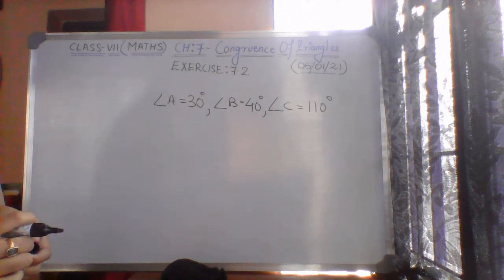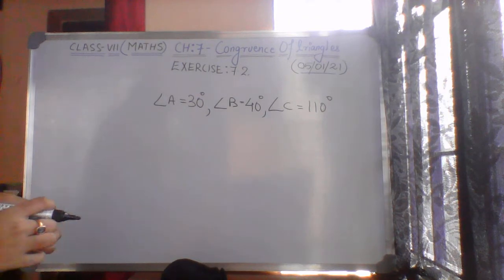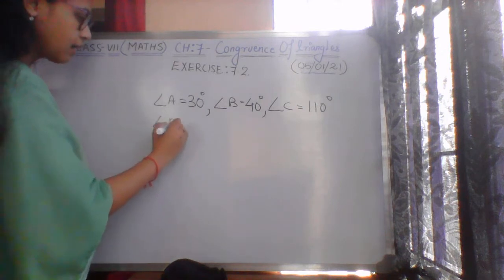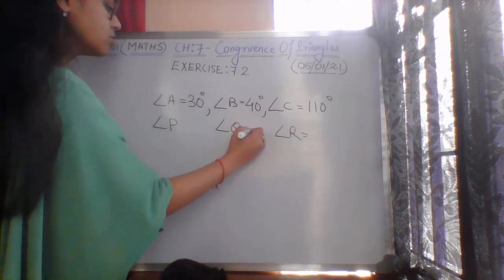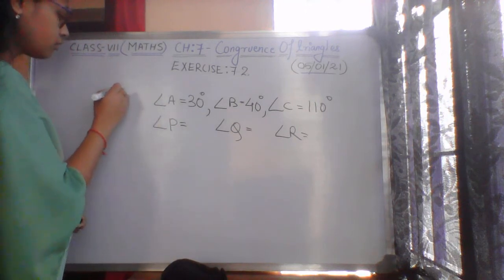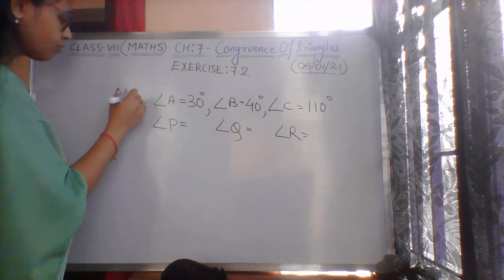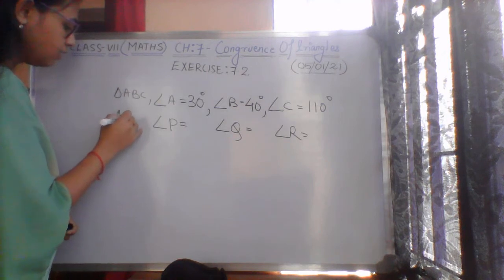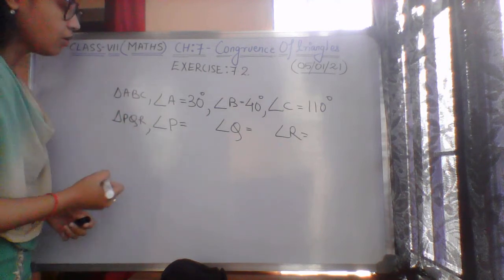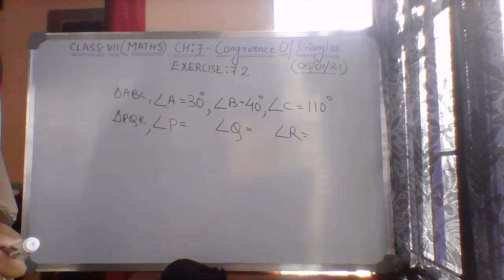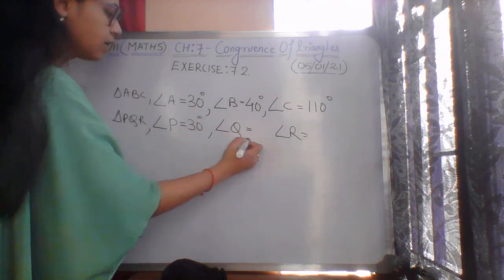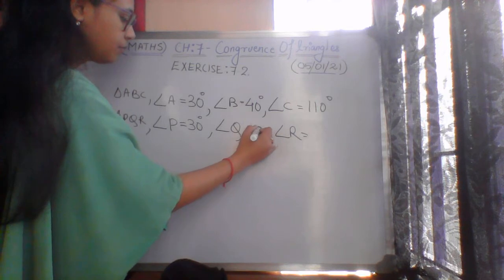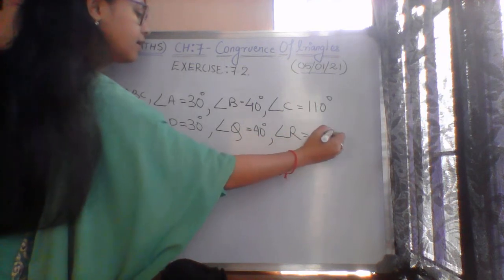Now they have given the angle measurements for triangle PQR: angle P 30 degree, angle Q 40 degree, angle R 110 degree.